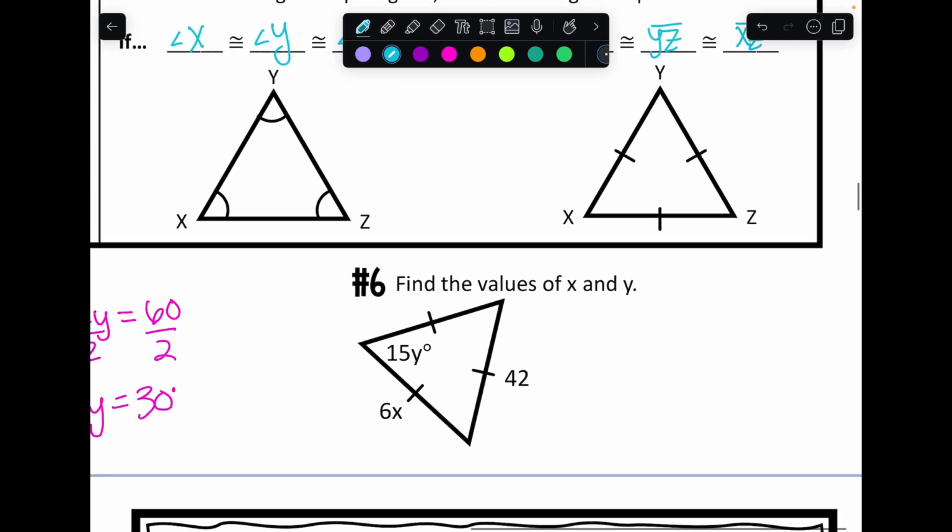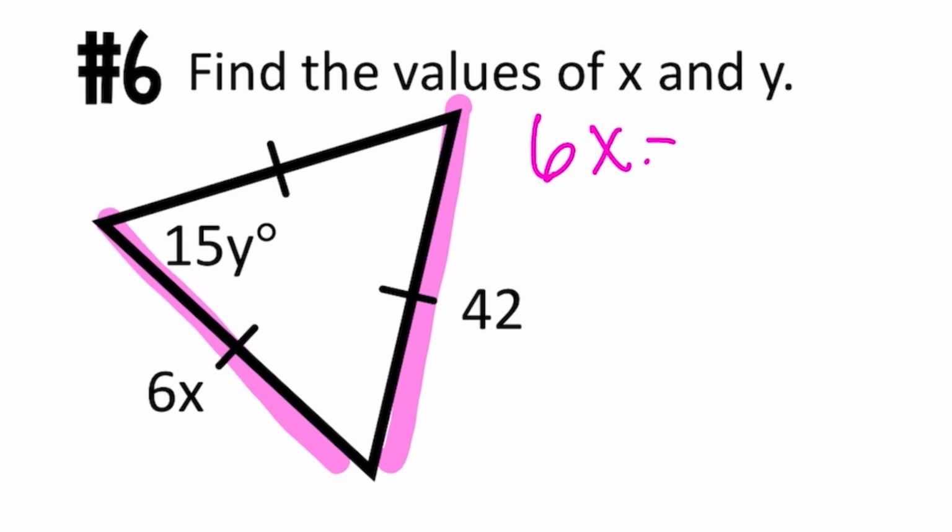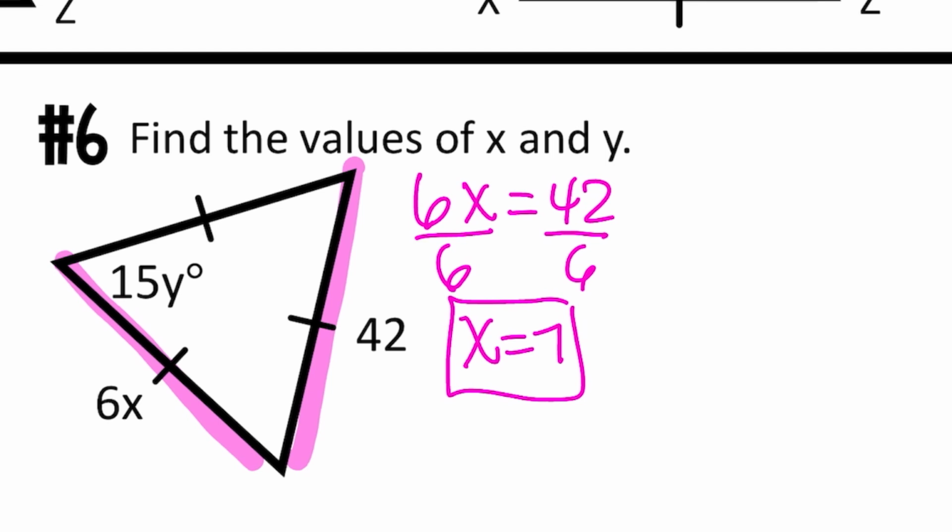Let's look at number 6. So because I know that all of these are the same, I can go ahead and set 6x equal to 42 because side is going to equal side. x equals 7. For the y, I have 15y.